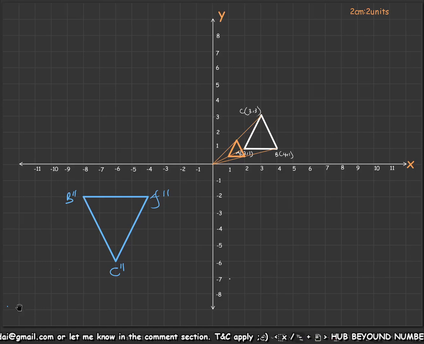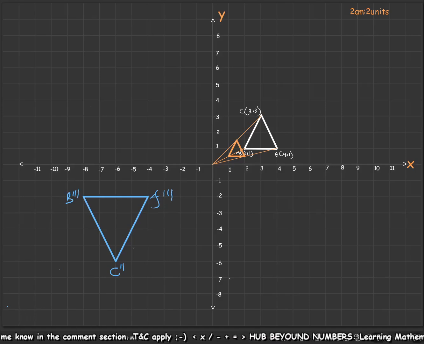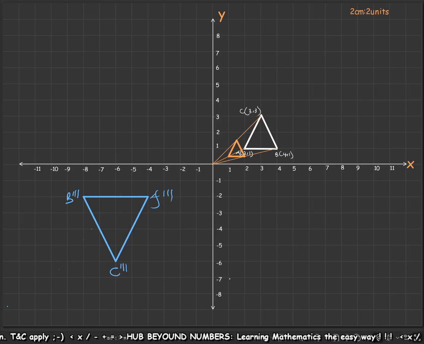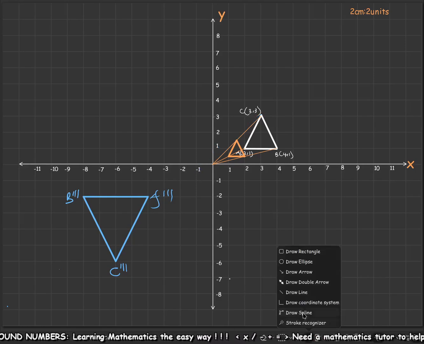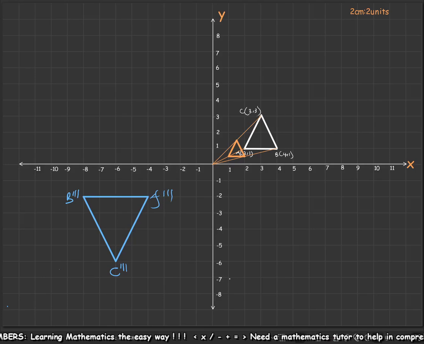This is your B3, and then this here is your A3. So let's draw the lines now and then see. So I'm going to draw a straight line to link what? You are supposed to use your ruler. So I'm drawing a straight line to link my C to my C over here.